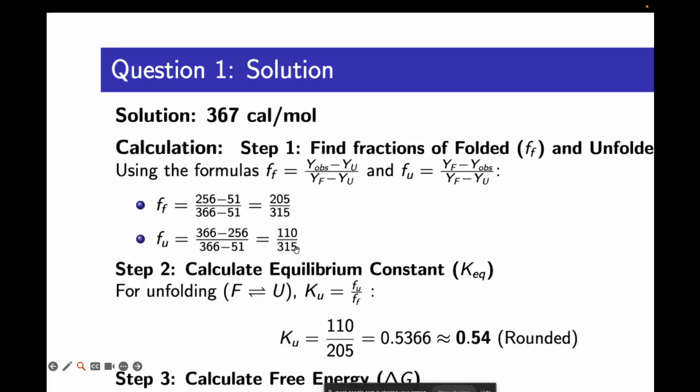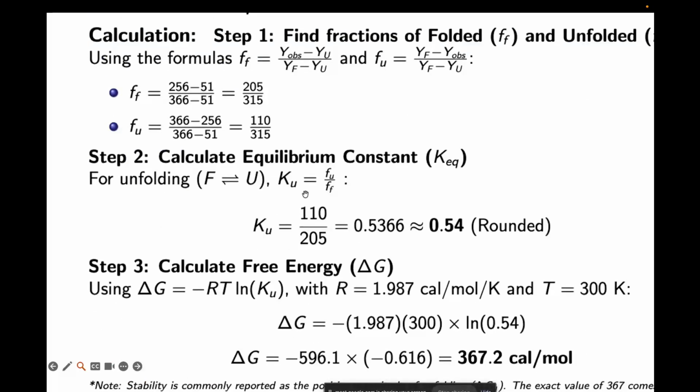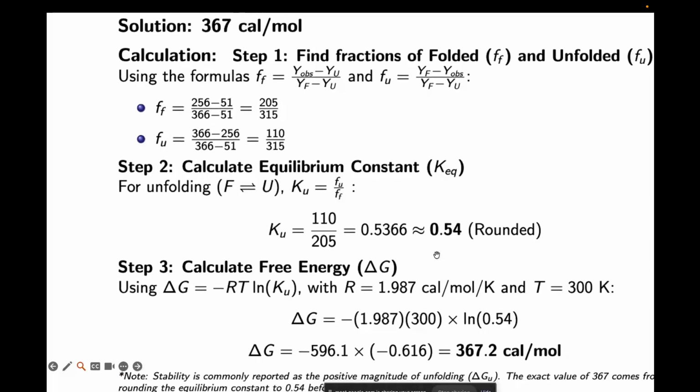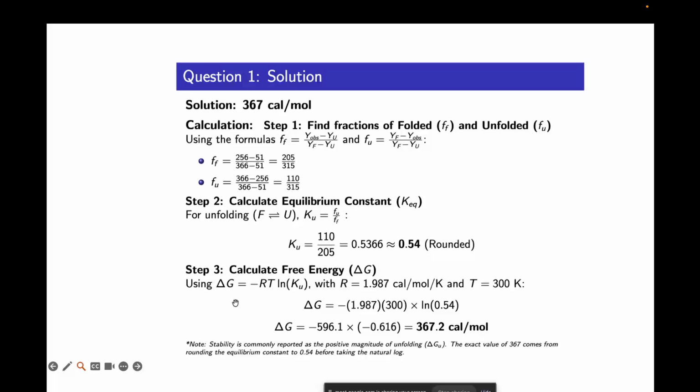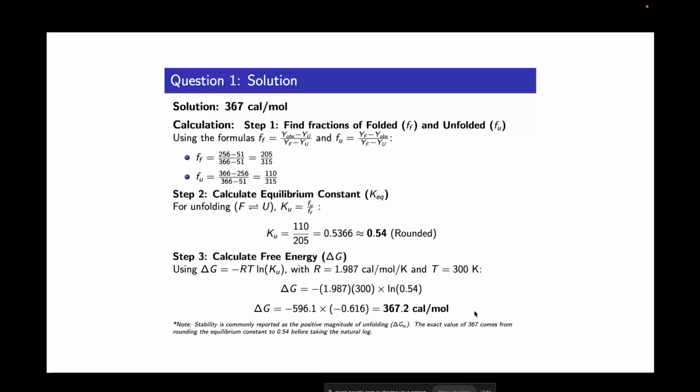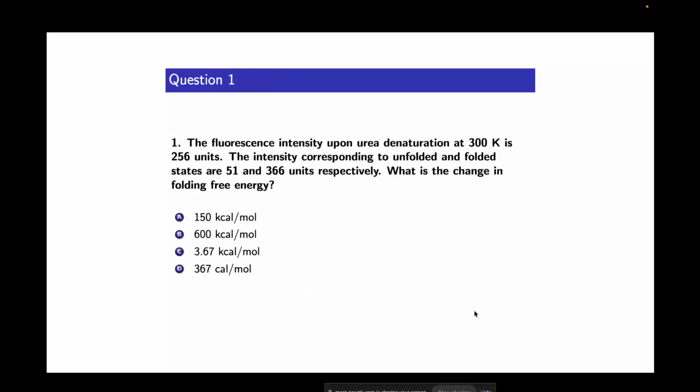Now from Fu and Ff you calculate the equilibrium constant, which is the K. If you divide it, it will come to 0.54. Now you know the formula for delta G, which is negative RT ln K. So K you substitute, R you know, T is given as 300 Kelvin. So you calculate this, and it comes out to be around 367 calories per mole, right?